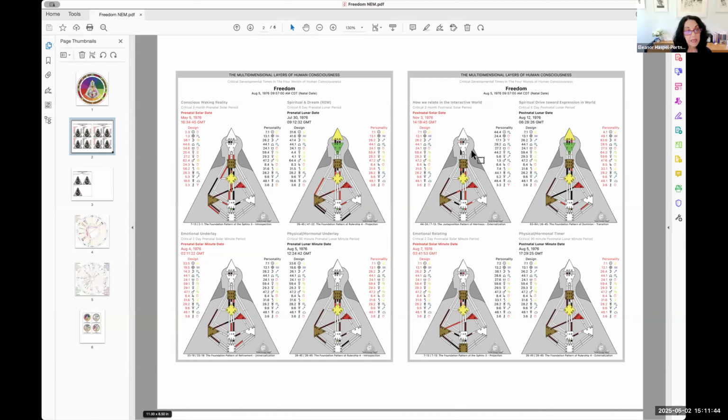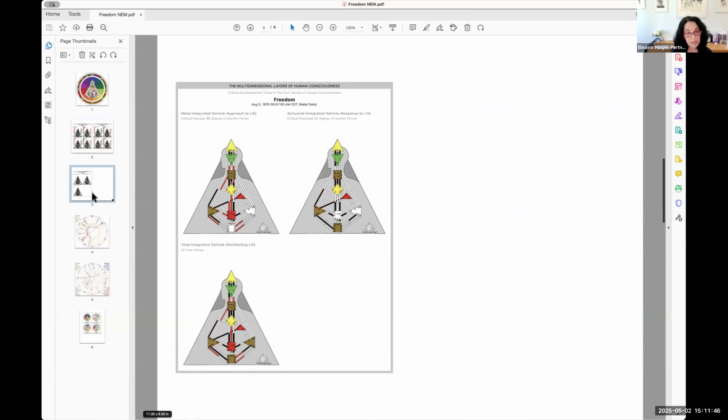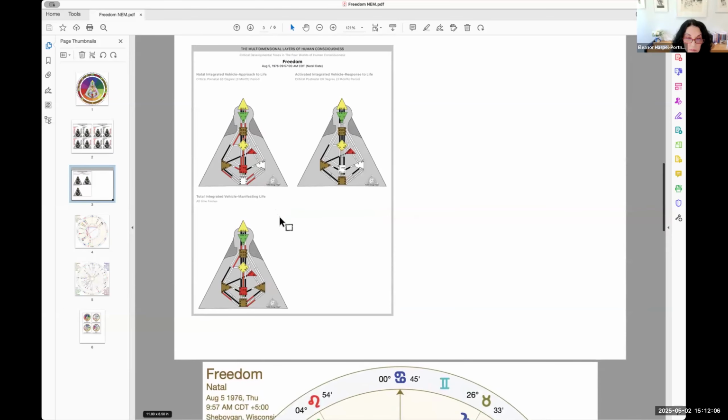At 3 months of age, as in your case, you become a rather strong, boom, boom, boom, boom. Split definition. Split definition manifesting generator.